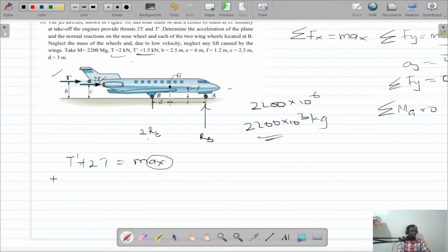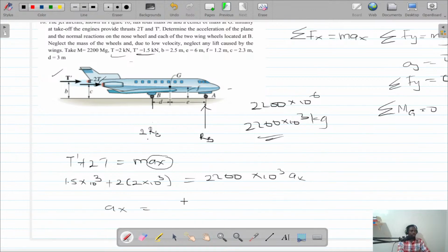So we have 2 kilonewton, which is 2000 for T, and for T prime, that is 1.5. So 1.5 times 10 power 3 plus 2 times 2 times 10 power 3 should be equal to 2200 times 10 power 3 kilogram times AX.